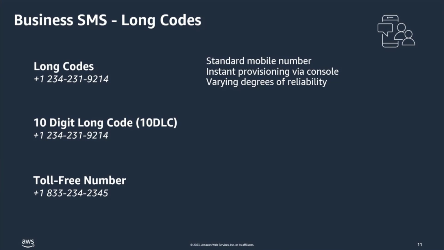These mobile numbers were designed for person-to-person texting, so texting your parents, for example, and weren't designed for receiving flight notifications. This means that carriers do target these numbers and actively filter them or block them. So use them with caution. If you're ramping up high, you need to be aware there could be issues with deliverability long term.